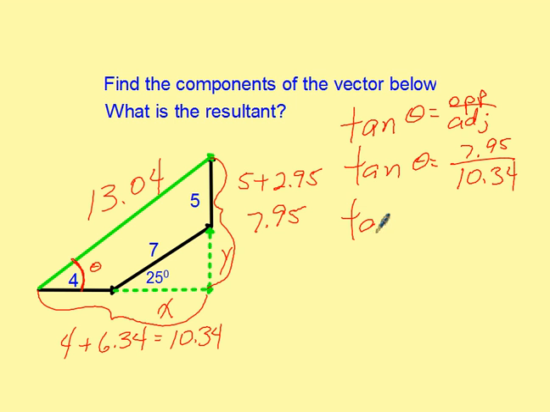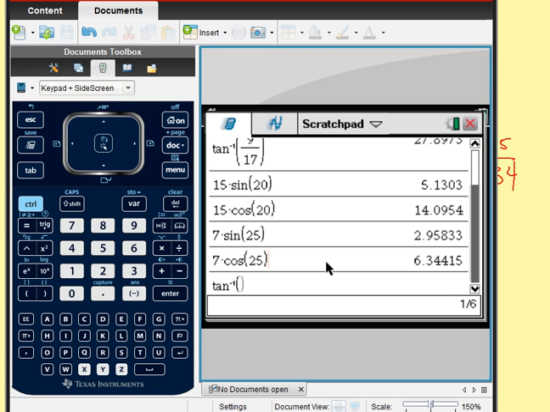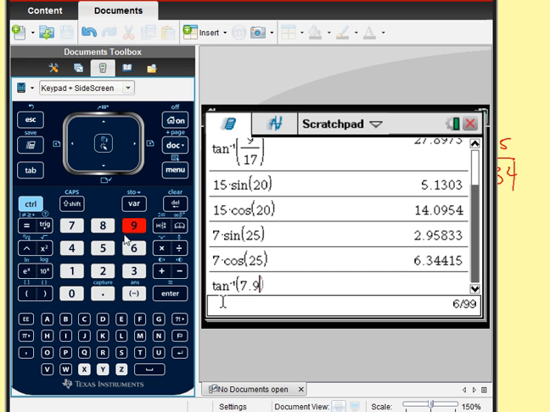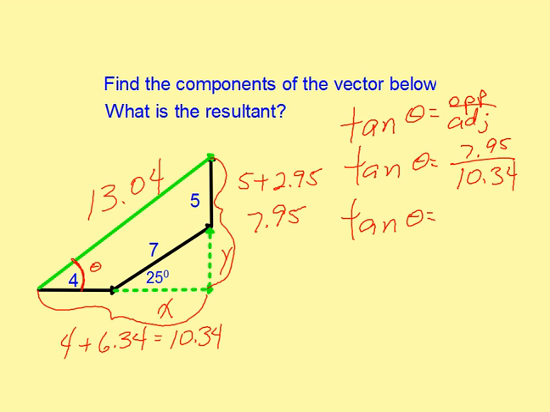Taking the inverse tangent of 7.95 divided by 10.34, we get an angle of 37.55 degrees.